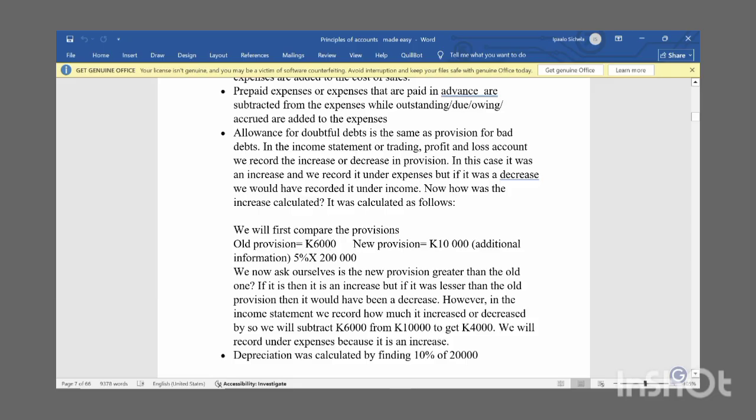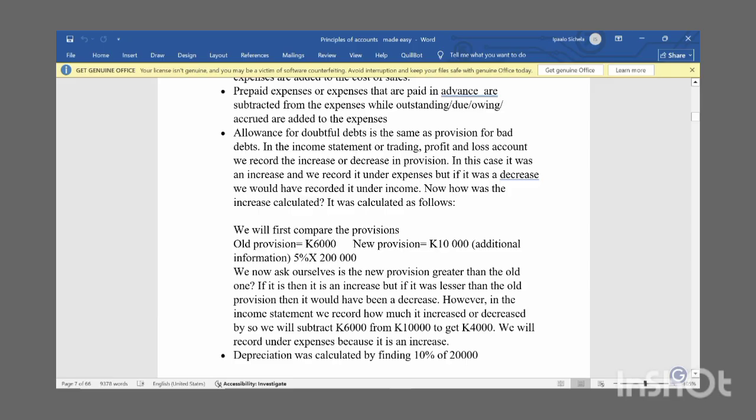So now, how do I find the actual increase or decrease? The increase or decrease can be calculated by finding the difference between the old provision and the new provision. Difference means subtraction. So if we subtract 6,000 from 10,000, that is our increase, which is 4,000.